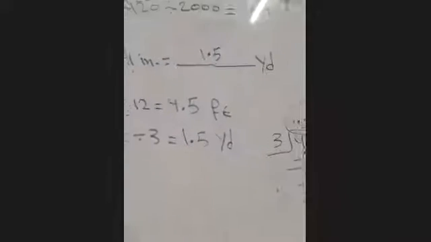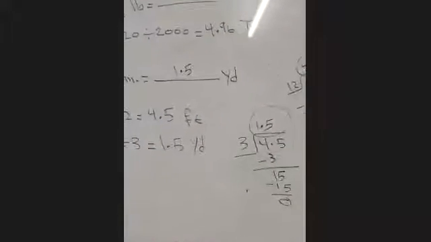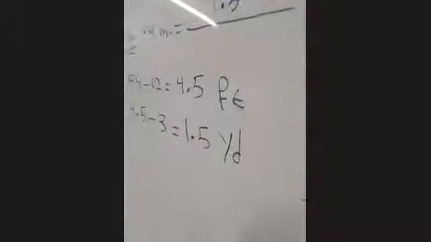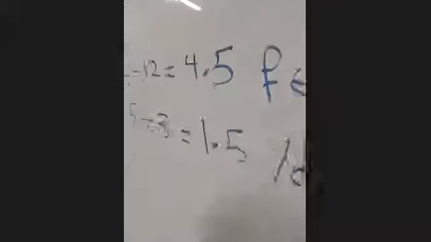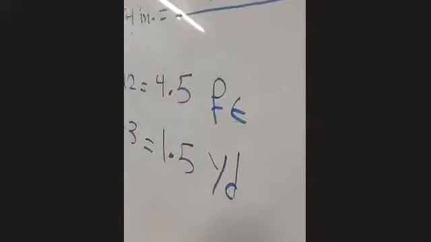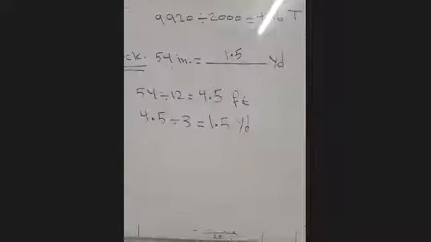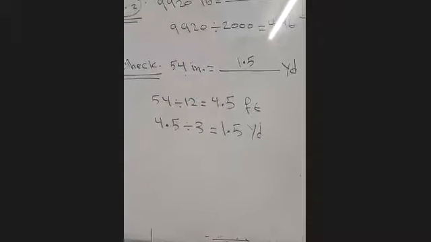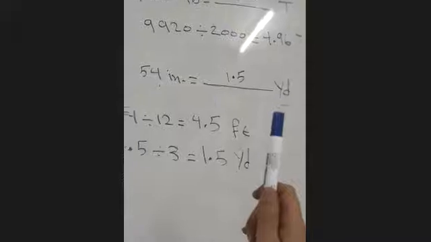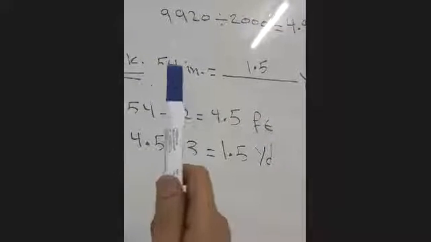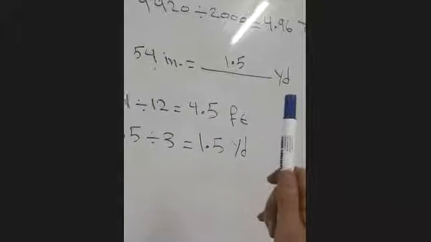Yes, Adnan. Can you re-explain it so I understand the question better? Right. Read the question again, Adnan. How many yards are in 54 inches? Look, how many yards in 54 inches? It means I want to turn the inches to be what?